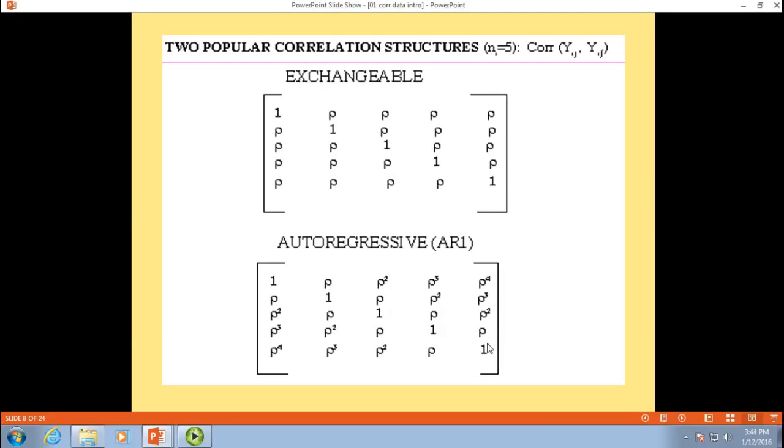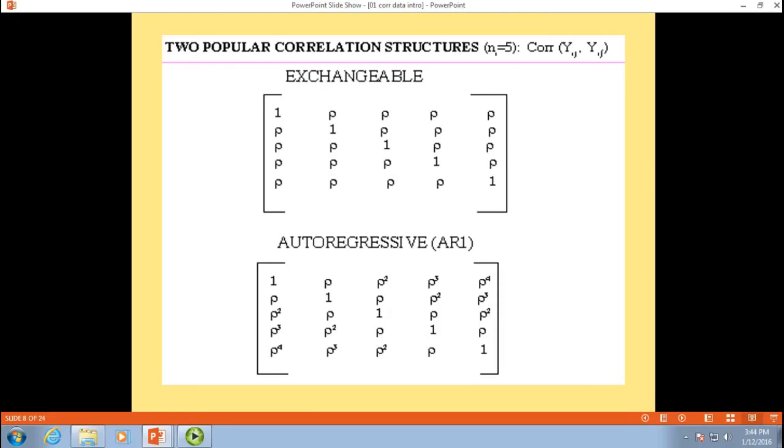So what you're assuming in this structure is that the correlation of any pair of observations that are 1 unit apart, first and second, second and third, third and fourth, are the same. See that? What about if they're 2 units apart? The correlation is rho squared, right? Regardless of whether it's 1 and 3, 2 and 4. And what if they're 3 units apart?